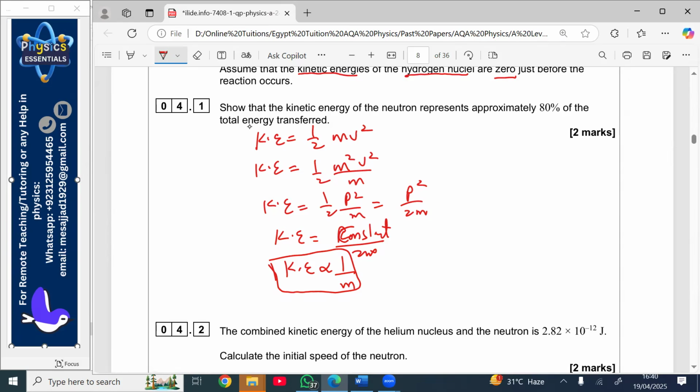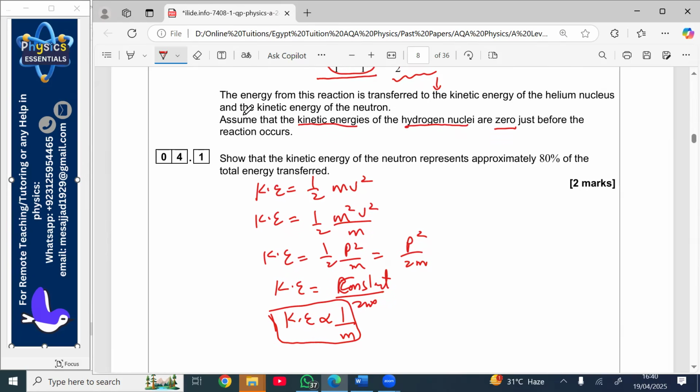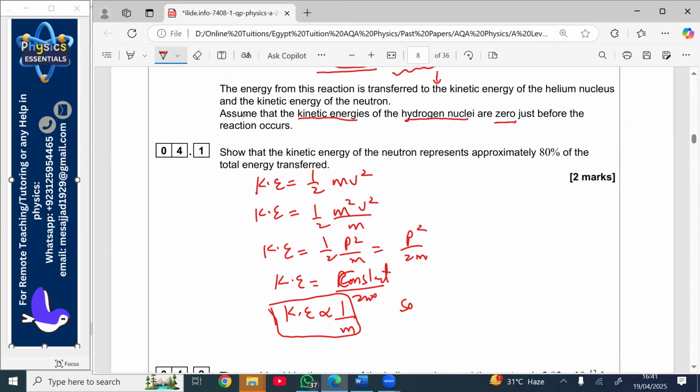So what does that mean? The total energy is like 4 and 1. So how much is the mass? Mass is like 4 here, and here it is 1. So total mass is like 5. Okay. So as we will say, mass of He4 is 4 times the mass of neutron. So we will say the total number of particles here are 5.